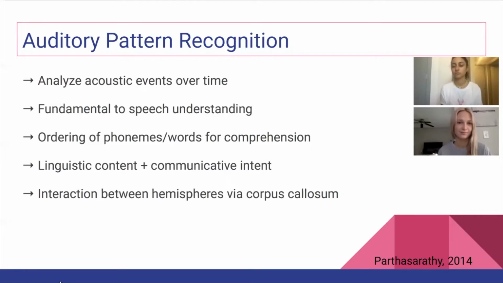So ordering of phonemes or words for comprehension. It also helps us understand the linguistic content of the message and also the communicative intent of the speaker or the source. And it is heavily reliant on the interaction between hemispheres via the corpus callosum.